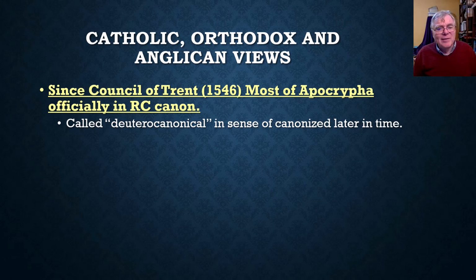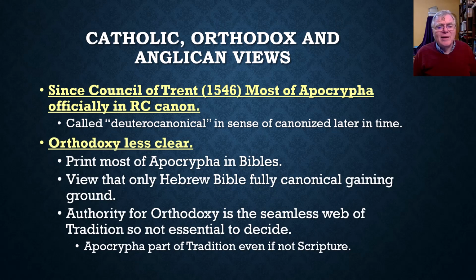And so they call them the deuterocanonicals, but they considered them fully part of the scripture. Orthodoxy has been less clear. And as we just saw, they print most of the Apocrypha in their Bibles. But the view that only the Hebrew Bible is fully canonical seems to be gaining ground.